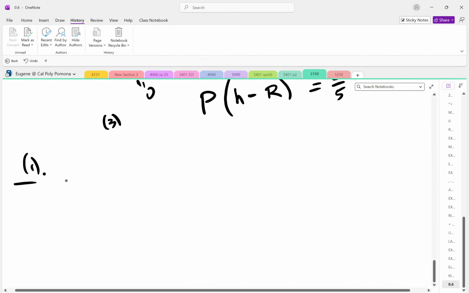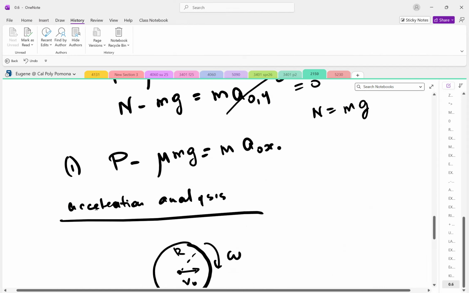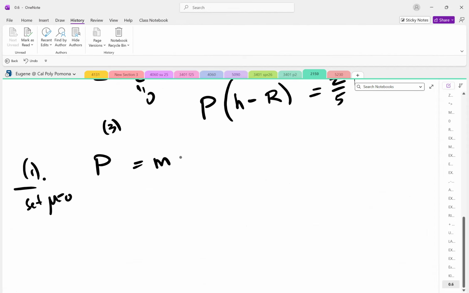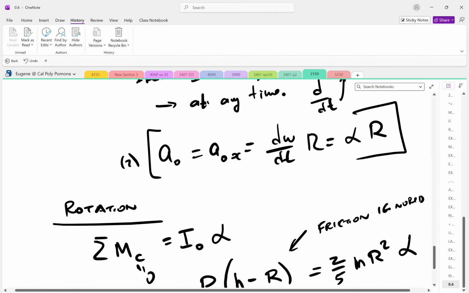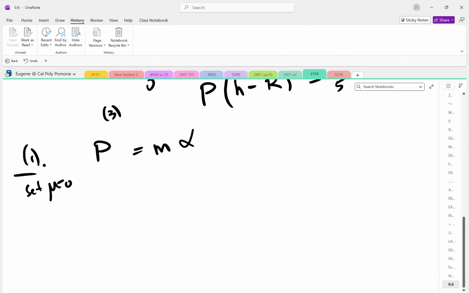We'll set the friction equal to 0, which equals mass times a_Ox, and that's going to be alpha R. Let's just look at the sign.